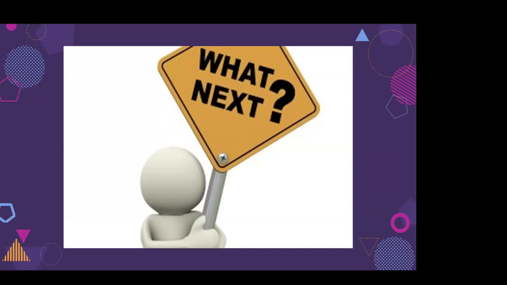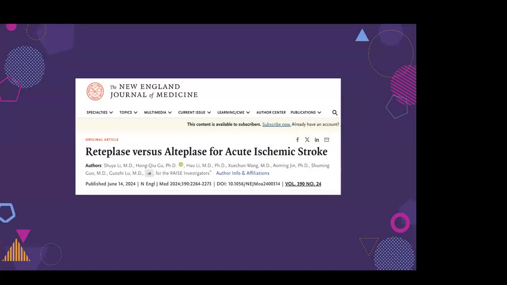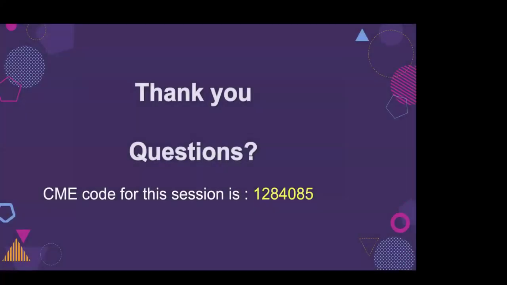I think they have found another genetically modified variant, which is reteplase, and this study has just started. I think they are currently recruiting, and it's going to be labeled the RACE study. So that was all. Thank you for listening, and again, the CME code for this session. Any questions, I'm happy to answer.